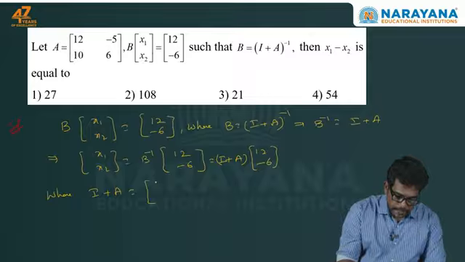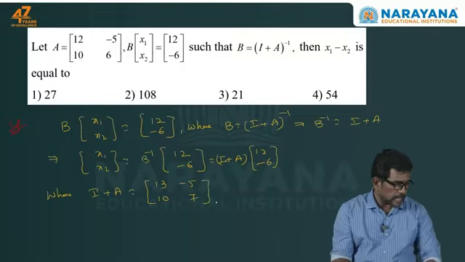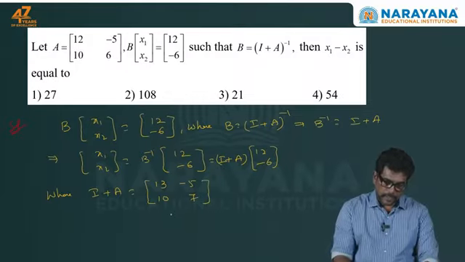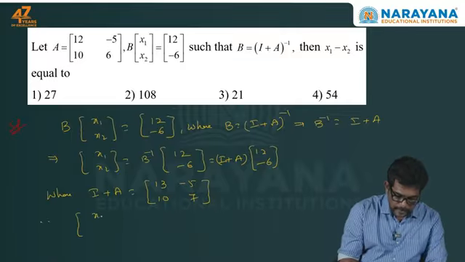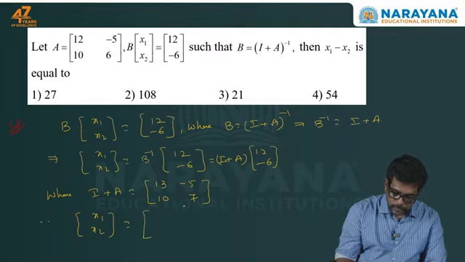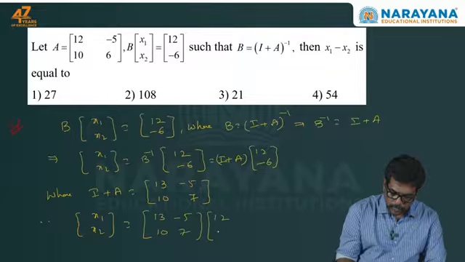So I plus A is equal to 13, minus 5, 10, 7. Therefore, matrix x1 x2 is equal to the I plus A matrix, 13, minus 5, 10, 7, into 12, minus 6.